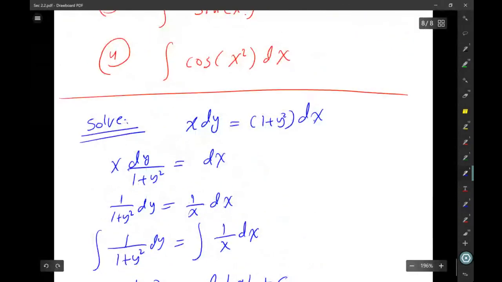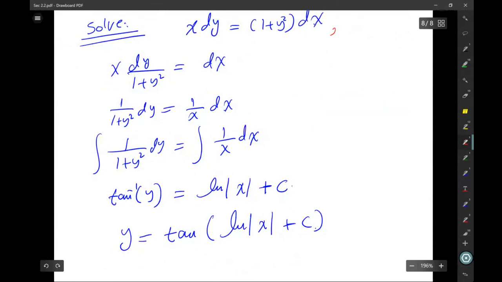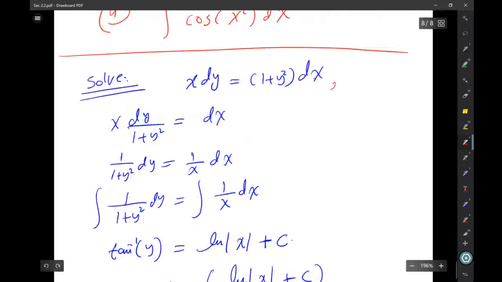And we have the initial condition that I can attach here: y of 1 is equal to 1.